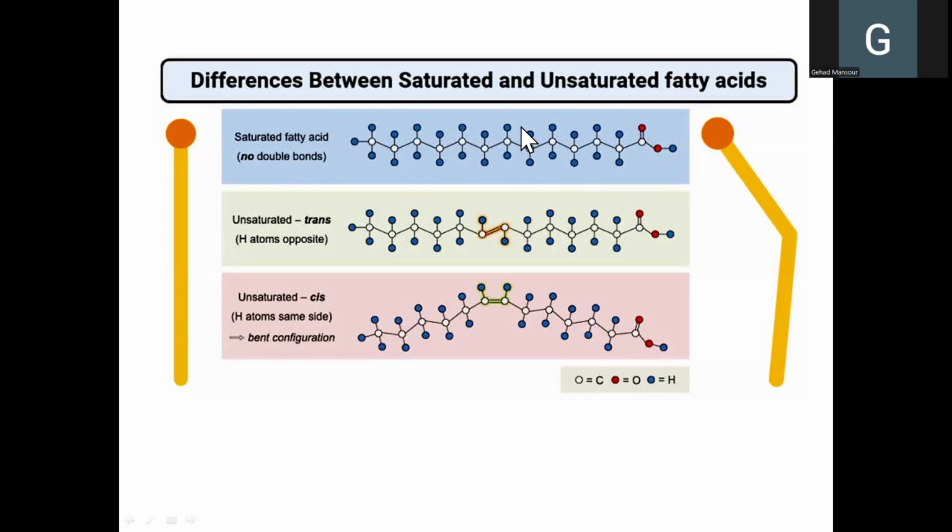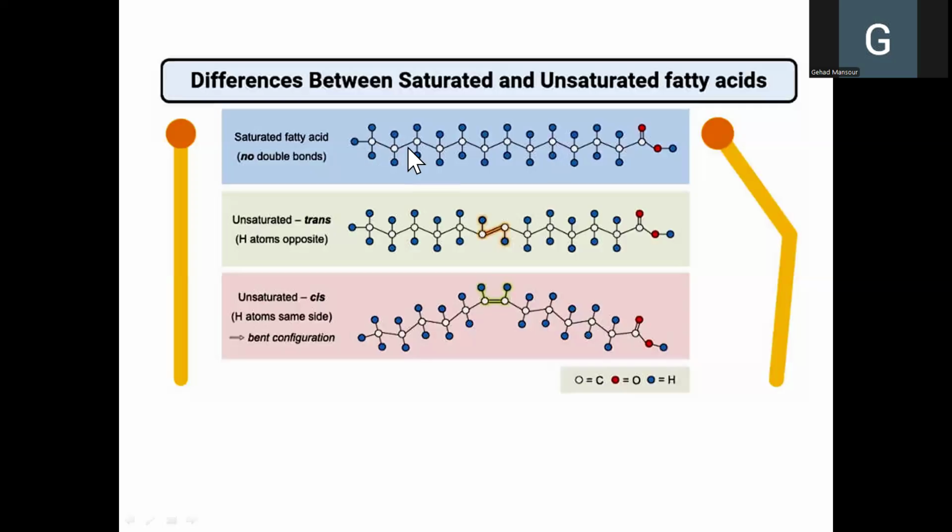This long hydrocarbon molecule ends with a carboxylic group, C double bond O, OH. The red atoms are oxygen atoms. The COOH at the end of the hydrocarbon molecule is called a carboxylic group. It is a functional group which confers acidity to the molecule, and therefore they are called fatty acids.